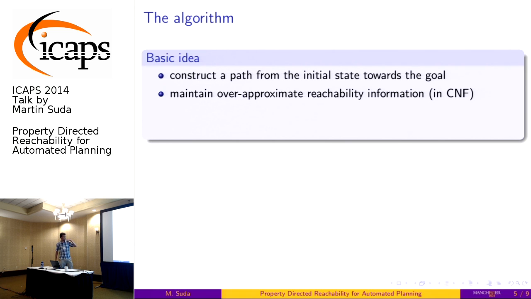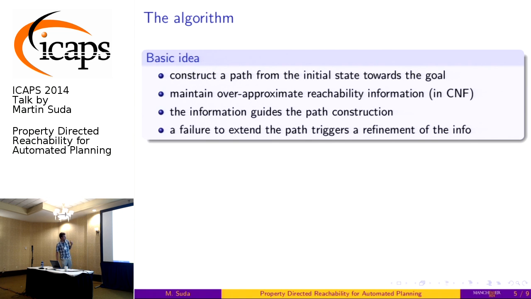This information comes in the form of CNF, which means a set of clauses. In fact, it's a sequence of sets of clauses, to be precise. The path construction works by either I succeed to go one step forward, or if I fail to extend the path, given the current reachability information, I somehow refine the information and learn a little bit more about the state space.